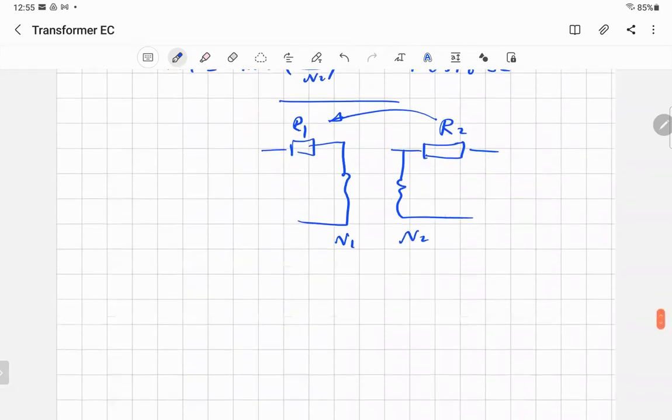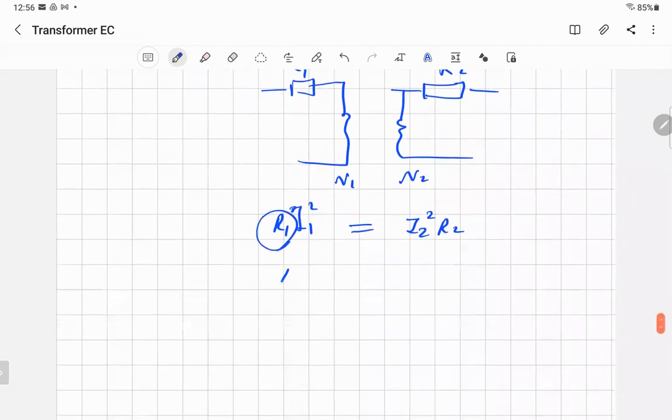The main principle for moving anything from one side to another, not only an electric system but a mechanical or chemical system, is that you should preserve the power and energy. So what is the power for this one? That will be I2 squared R2. And if you move it to be R1, it will be R1 times I1 squared. They should be equal. So R1 will be equal to R2 times I2 over I1 squared. What is I2 over I1? It's equal to N1 over N2.